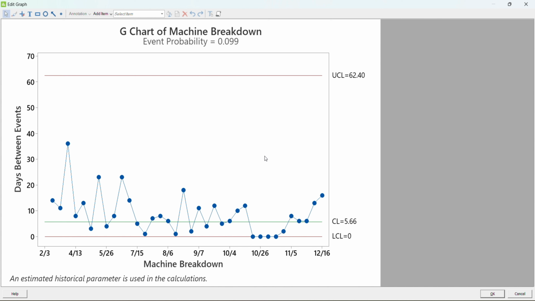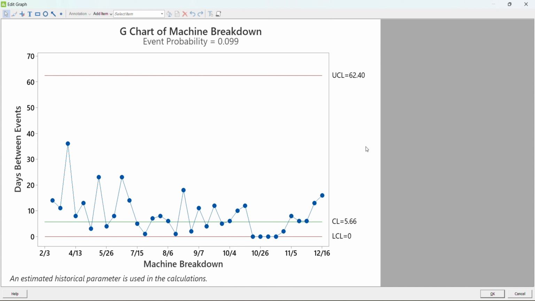As I was explaining, the G in this chart, G chart, the alphabet G refers to geometrical distribution. So your lower control limit, your central line, and your upper control limit is all calculated based on the formulas of geometrical distribution, which is a deeper statistical subject.